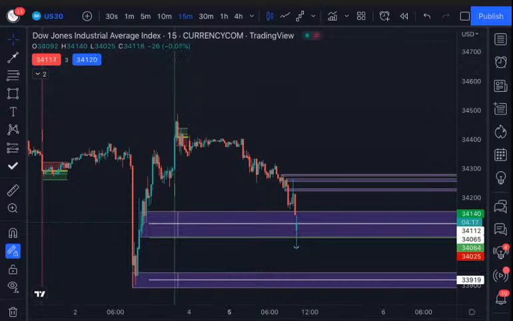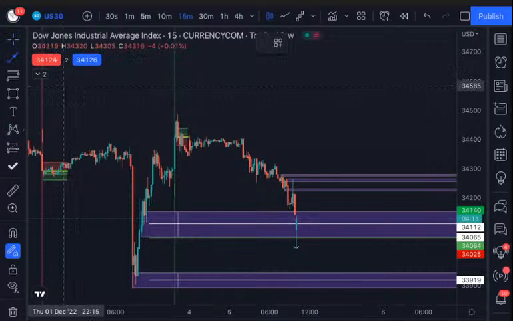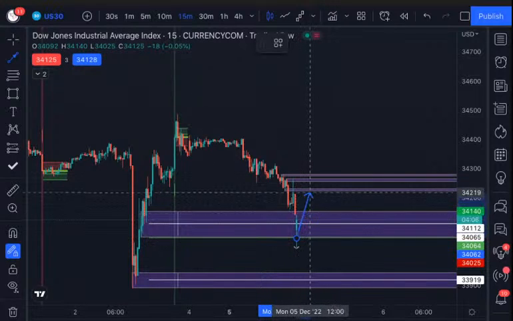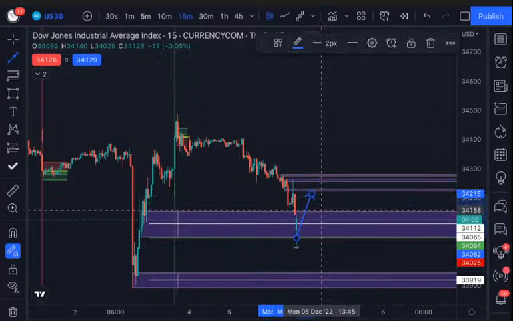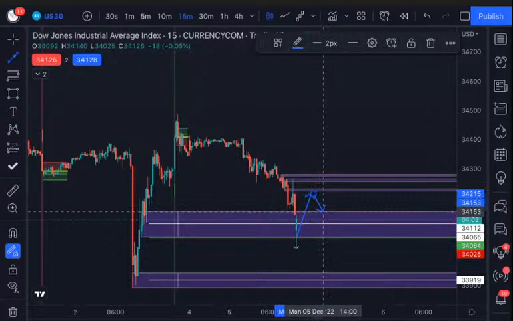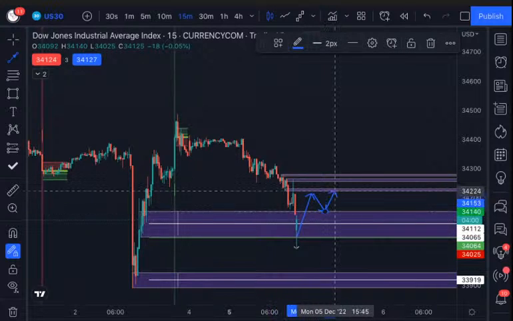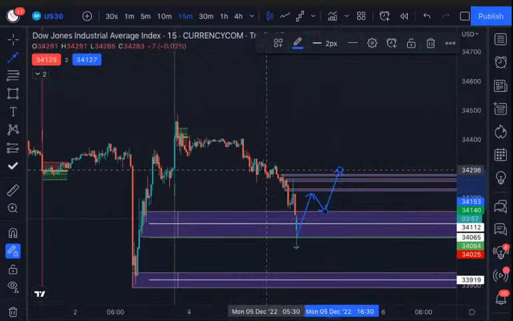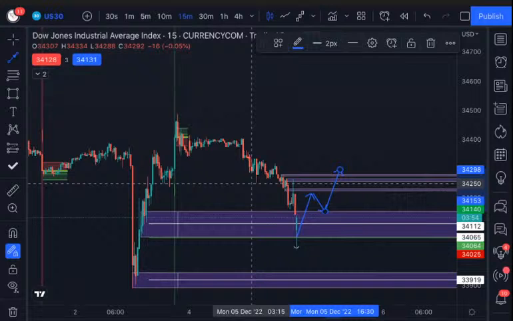What I'll do is I'm looking for price to break up and find some support. Boom, break up. We got this nice little order block created right there.